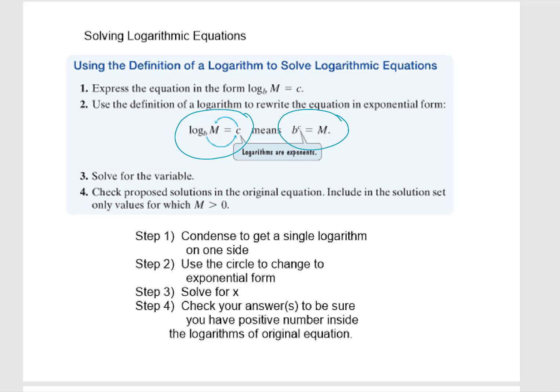It does let you know in the steps below, the step 1, step 2, step 3 at the bottom of the slide, that if you have multiple logarithms, you will condense it to a single logarithm. So sort of bringing in a lot of the concepts that we covered, how to condense was one of them, and so we'll be using that as well.